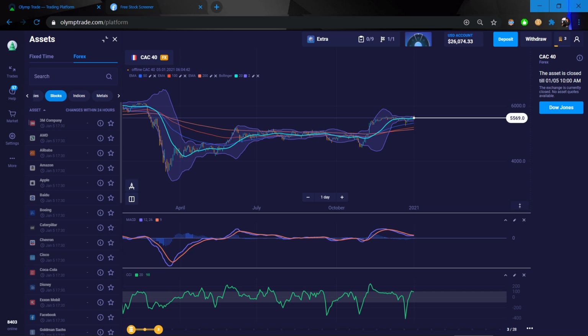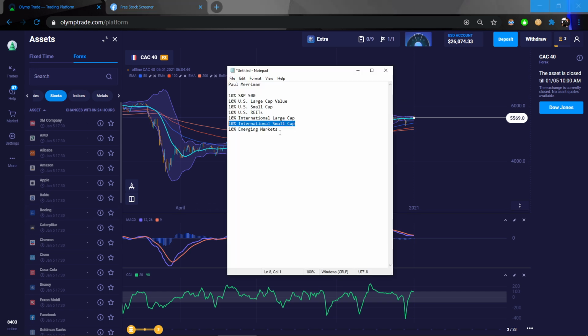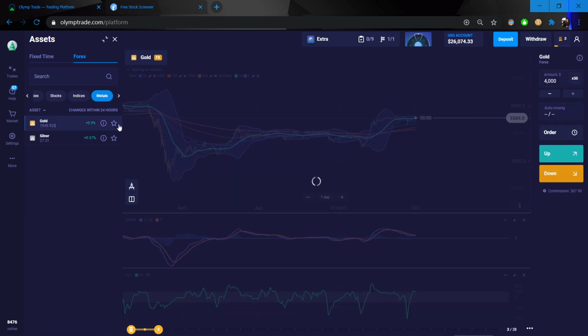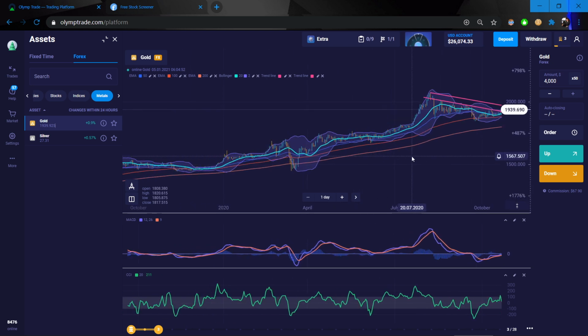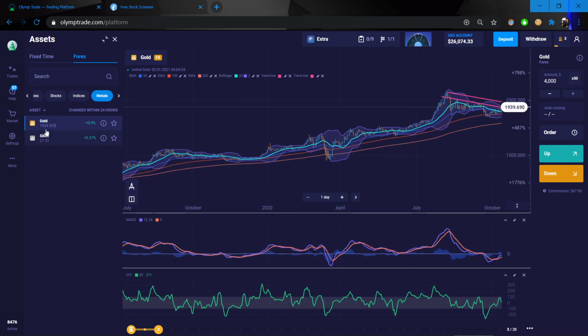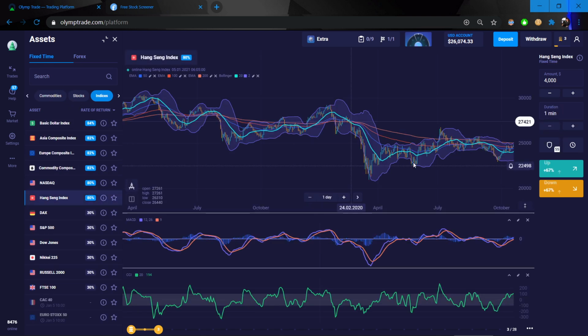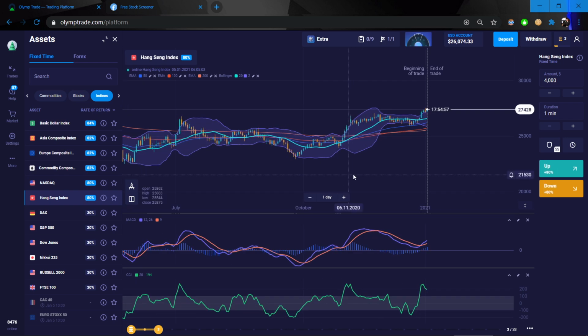So international small caps and emerging markets. Now, this is a very strong category after the huge rally in commodities that we had this year. Indexes like the Hang Seng are very interesting options as well.